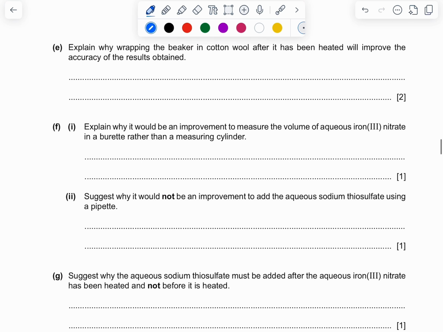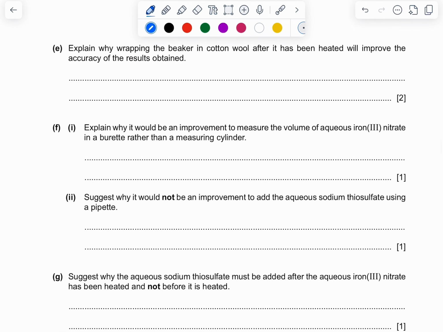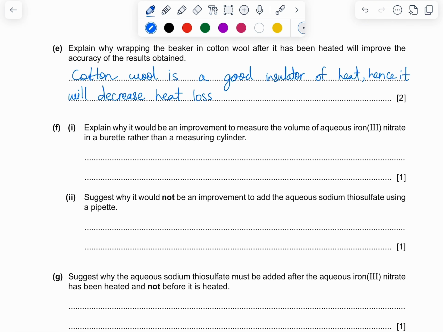So we'll say cotton wool is a good insulator of heat, hence it will decrease heat loss and maintain constant temperature of, I don't even know if the beaker is used or not, so I will say of reaction mixture.